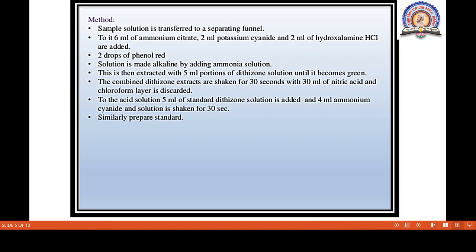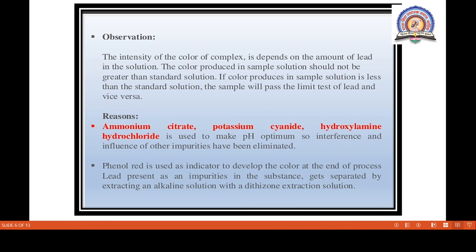Similarly, prepare the standard solution. Comparing the test solution and the standard solution, we observe that the intensity of the color of the complex depends on the amount of lead in the solution. It means the higher the percentage of lead, the more intense the color, right?